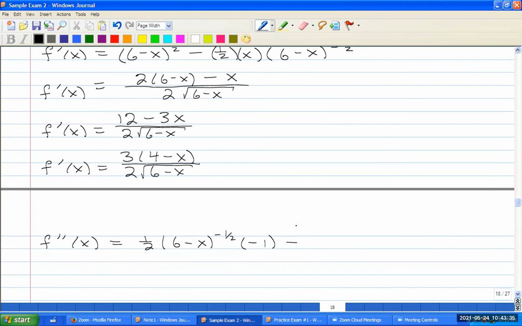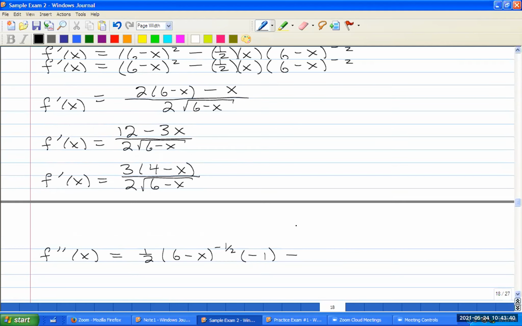Minus, here I'm going to have to use the product rule. And so minus 1/2 times 6 minus x to the minus 1/2.